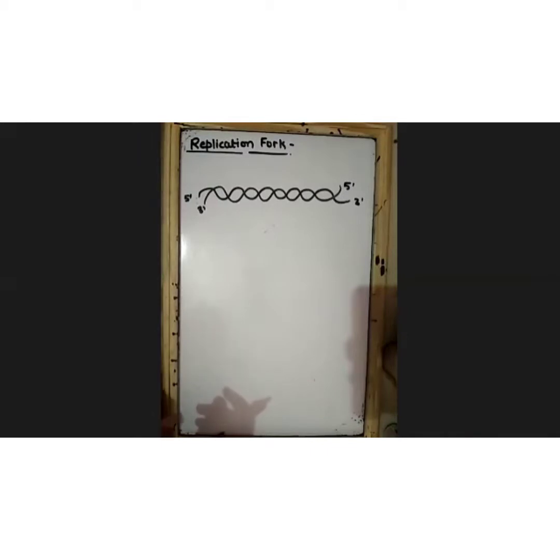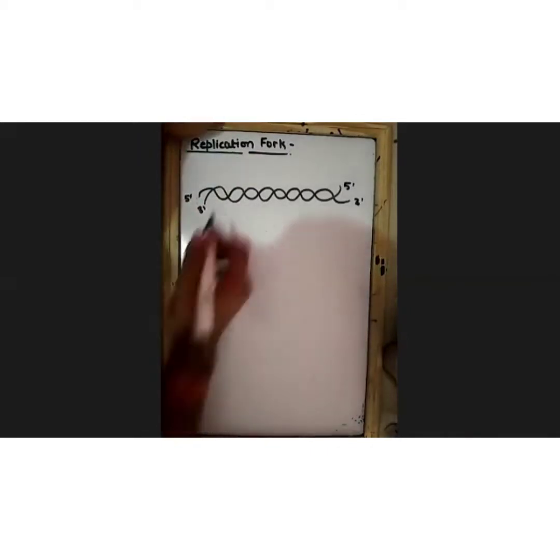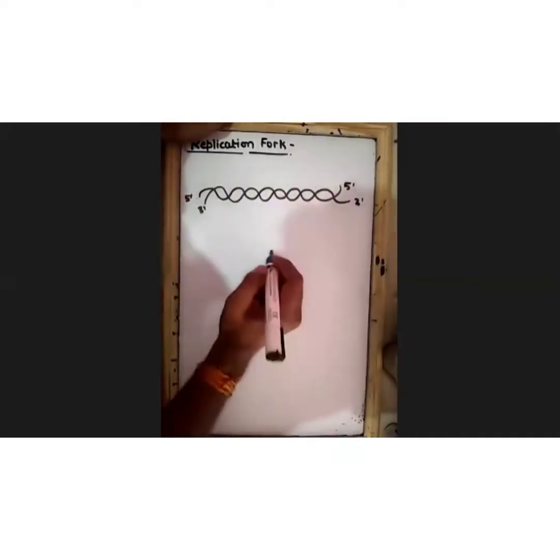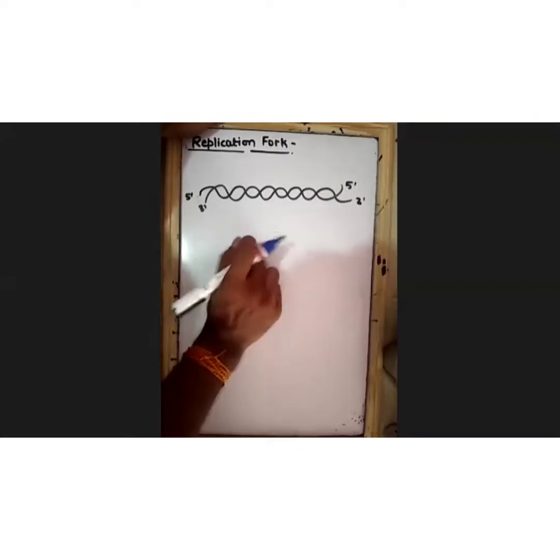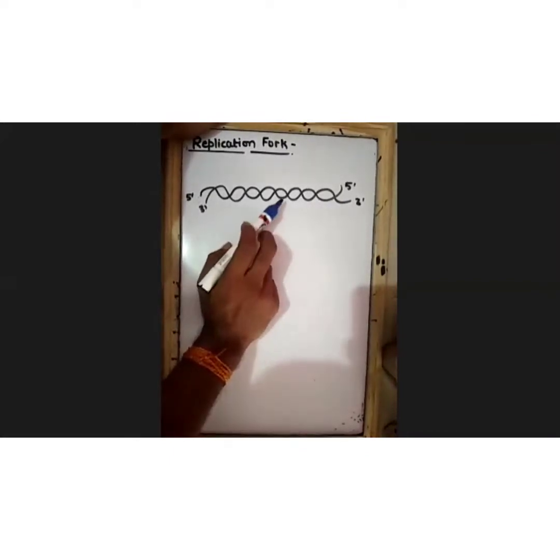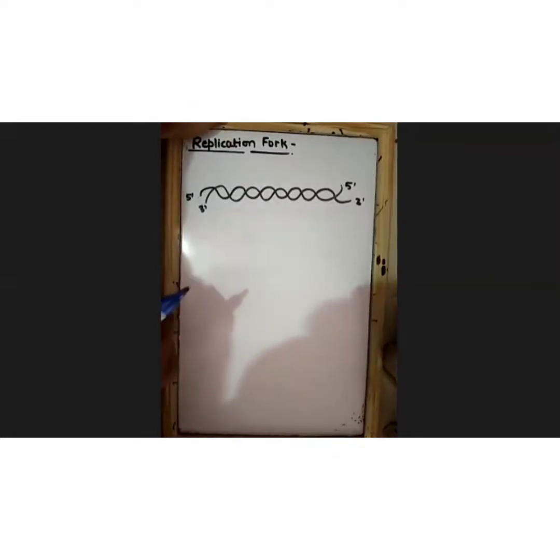To separate these two strands, we have to give a cut at any side. Now you know that DNA is a highly coiled structure. We cannot separate them easily.